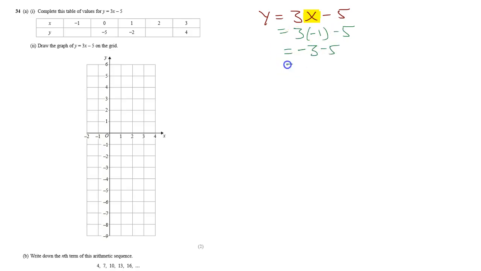Both are negative, so we add them and put the sign, so -8. Now if x is equal to 2, then y is equal to 3 times 2 minus 5, so this is 6 minus 5, which is 1. So at 2, the value is 1.